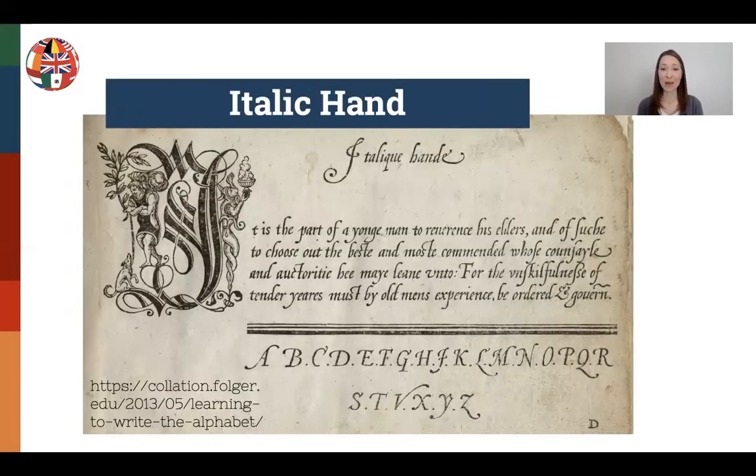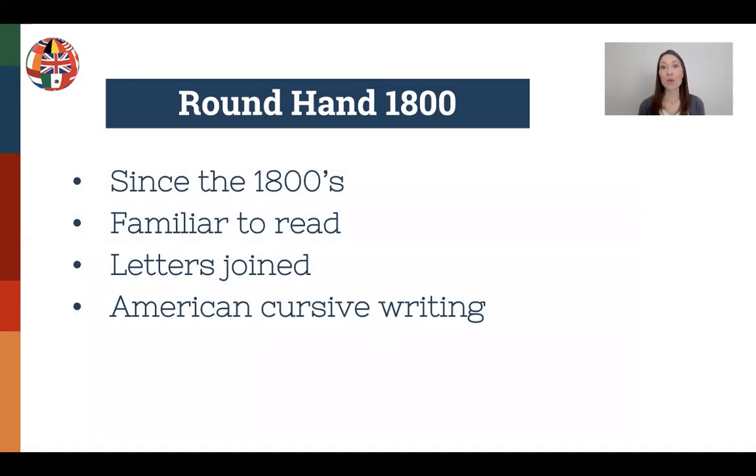This is kind of an example of the italic hand, and you can see in those capital letters down there, there's no U, there's no W, and there's no J. But in the lowercase letters, you can see some different forms of the U and V that look like U or V. In that last letter where it says unskillfulness, you can see that the U looks much more like a V, and you can see all those long S's right alongside the regular S. So just be aware that that is going to happen in italic hand still, even though it's more familiar.